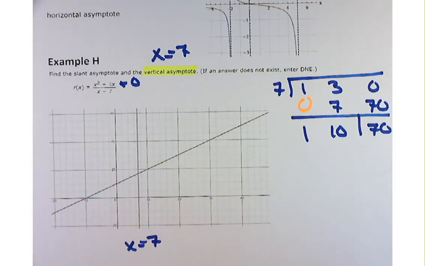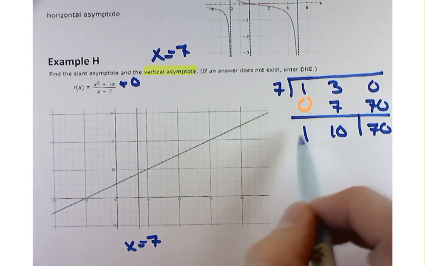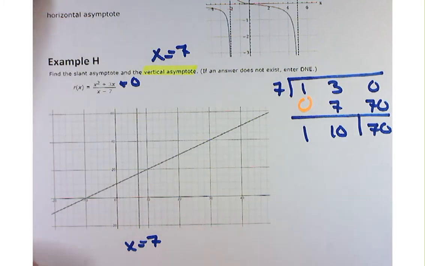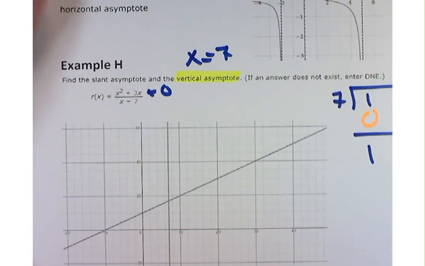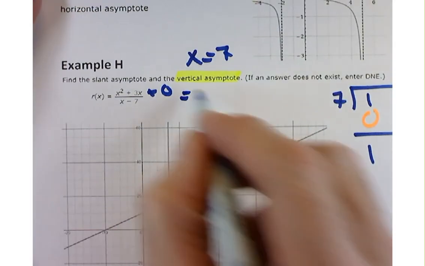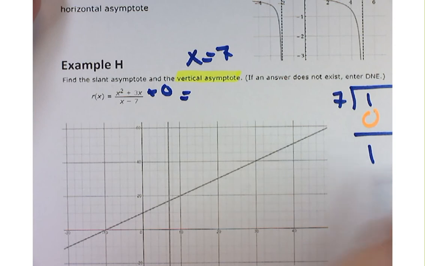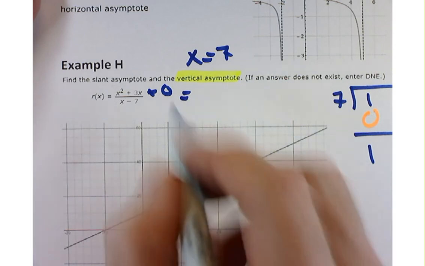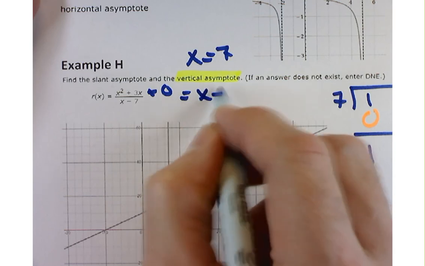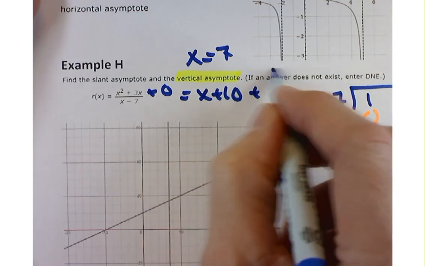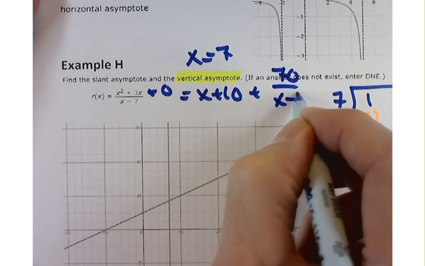That's great. But what does all this mean? That means something here. What does it mean? Angel? So it divides to x plus 10 with a remainder of 70 over x minus 7. Perfect.